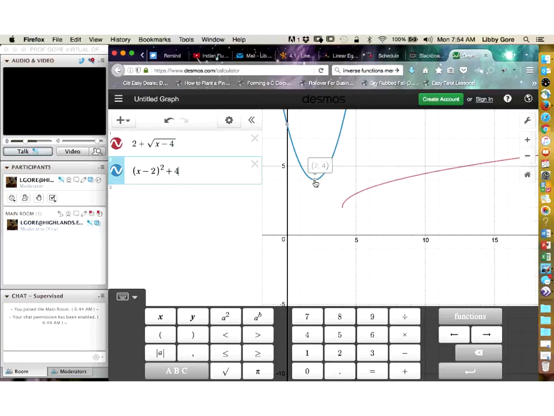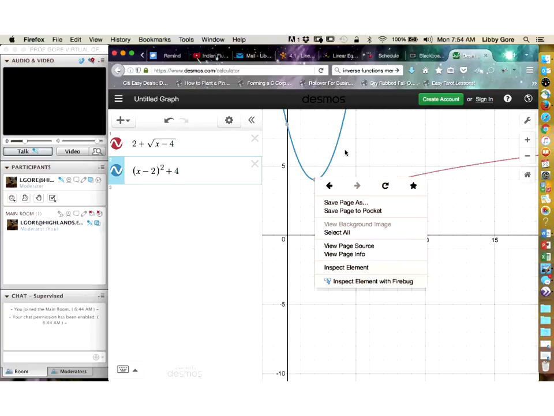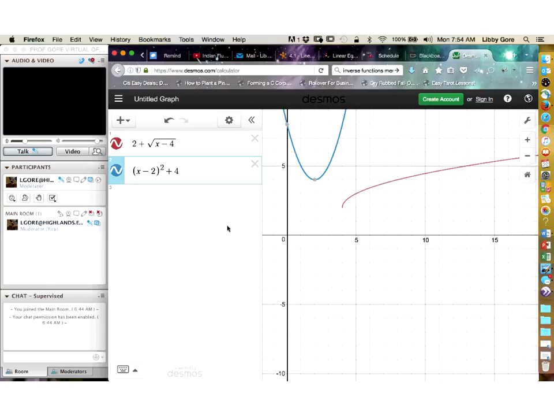So the domain of our inverse function can't go below 2. So we can't have any of these points here to the left. Really you should consider that stopping right at the vertex and not existing to the negative side through the domain.